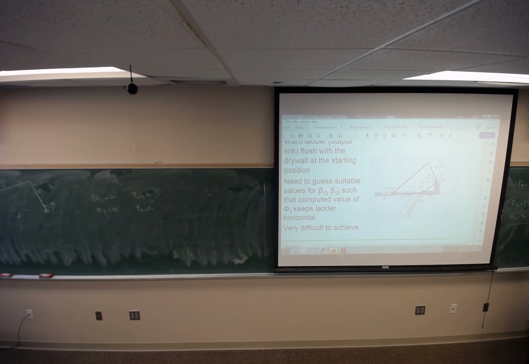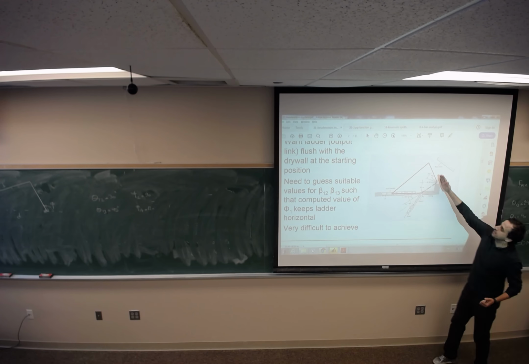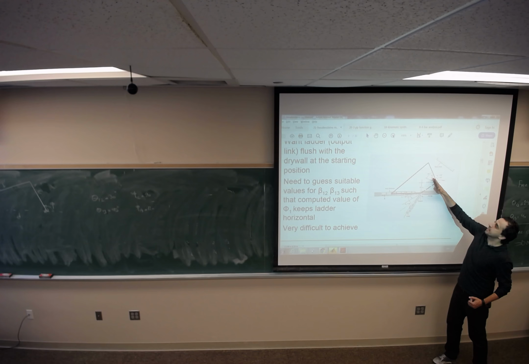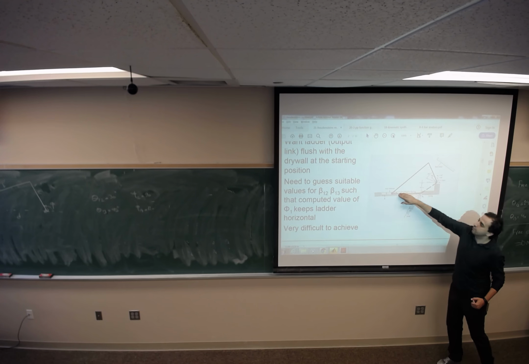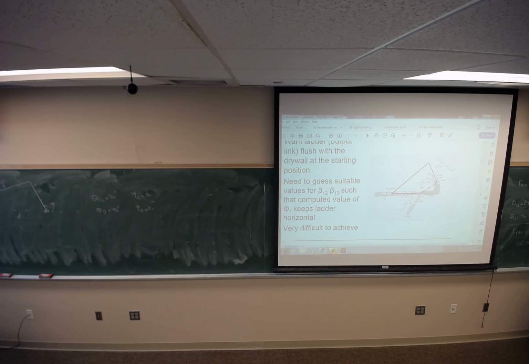You might say we can design this with the free choices of beta 1,2 and beta 1,3. If you do that, you can find A, B, C, and D is 1, and also you will find theta 1 and phi 1. Theta 1 is the angle of this link at the starting point, and phi 1 is the angle of the mechanism at the starting point.